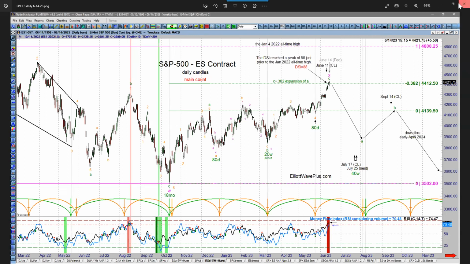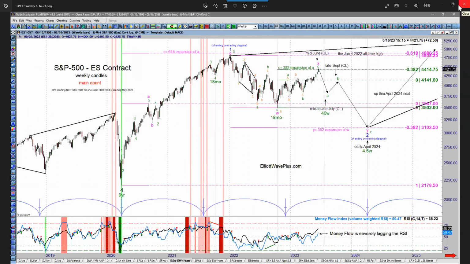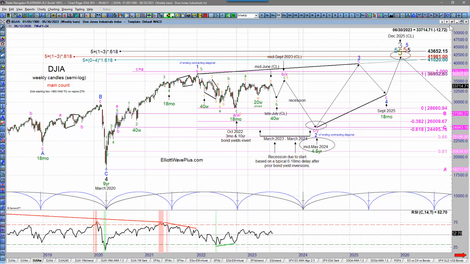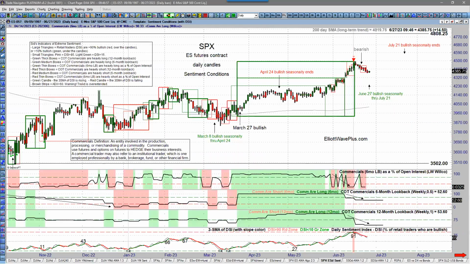And so let's look back at the DSI. For that, we'll go to my sentiment screenshots. I showed these last time at the hub, and this is a proprietary sentiment conditions chart template that I use on all futures contracts.